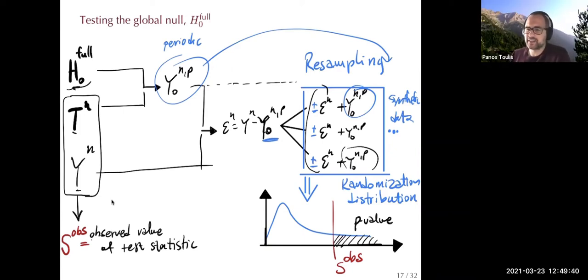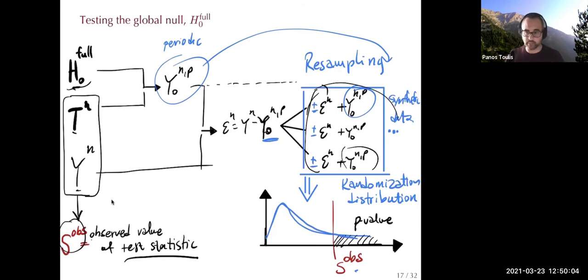Right. So before we go there, we have a test statistic, and given the observed data, I have an observed value for my test statistic. This set here is the randomized set. So I have a randomization distribution that I built from this synthetic data. I have the observed value here, and now I can construct the p-value. What's nice about this p-value is that it's exact.